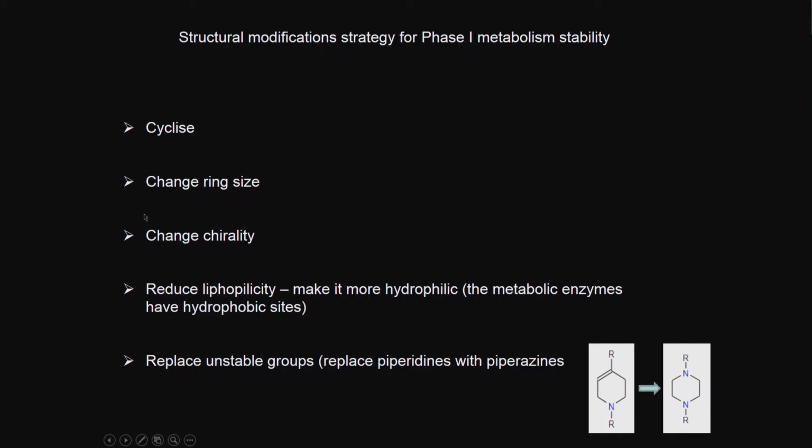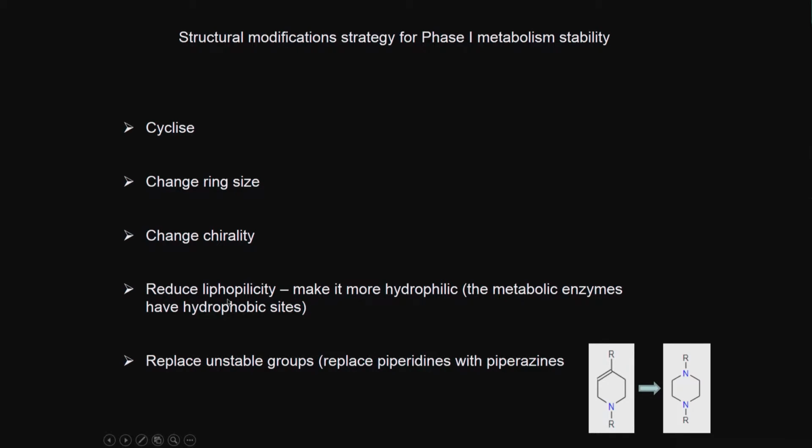So, what all can we do? We can cyclize, thereby preventing the metabolism. We can make the ring size different, change chirality, make it more hydrophilic.